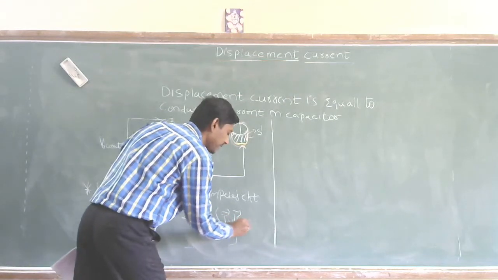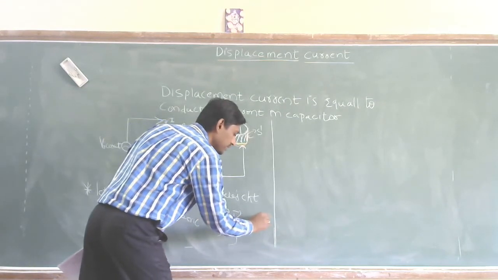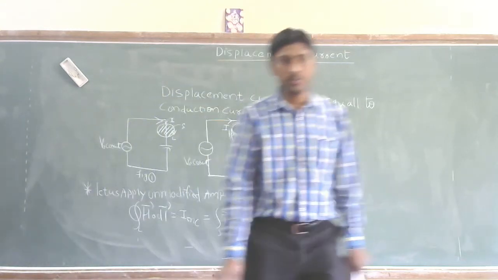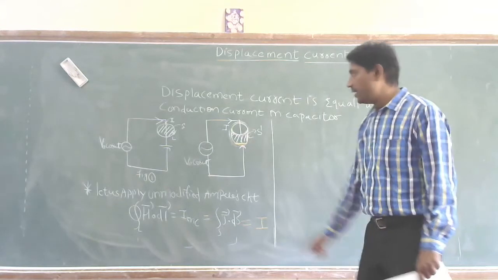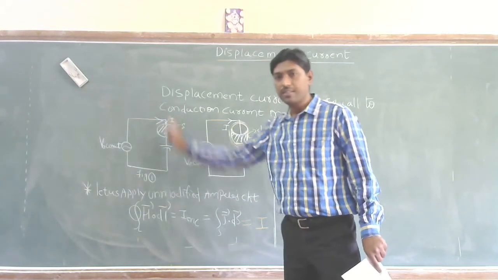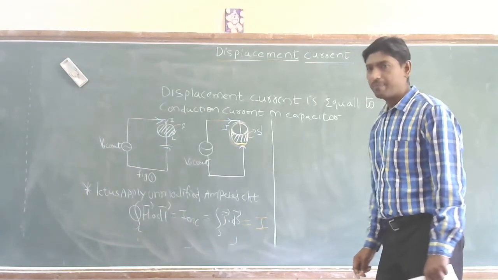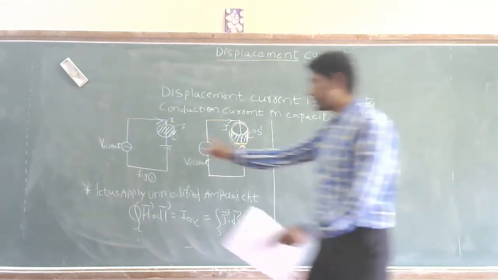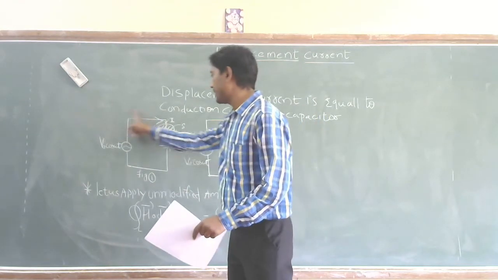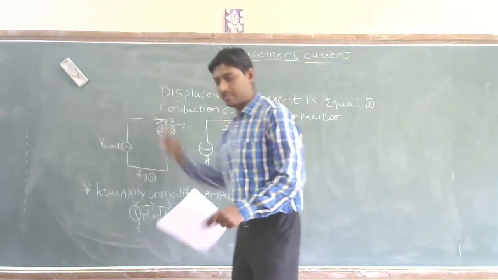So this I enclosed is the conduction current flowing through this capacitor, or the current flowing in this conductor.